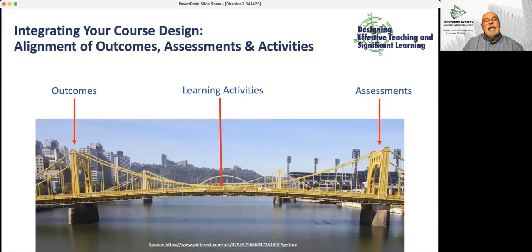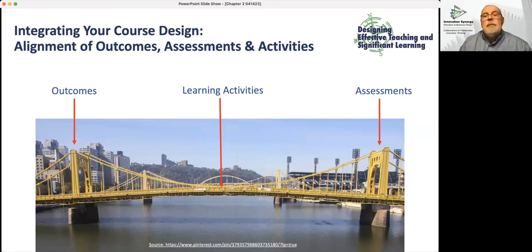We have outcomes as being one of the standards that holds up the bridge. We have assessments to make sure that we hold up the other end of the standard in course design. And the bridge deck in between really becomes the learning activities. I think that this helps you picture why the outcomes are important, the assessments are important, and the learning activities are important.